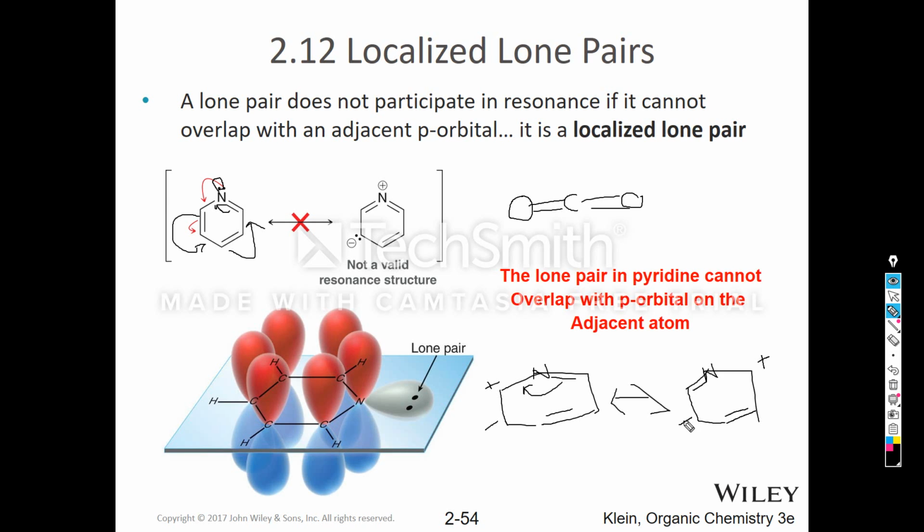And if you pull these in and pull these out here, you'll be able to write a third form, which is now going to have a double bond and a double bond here, negative, positive. So these structures are acceptable, whereas this one is not.